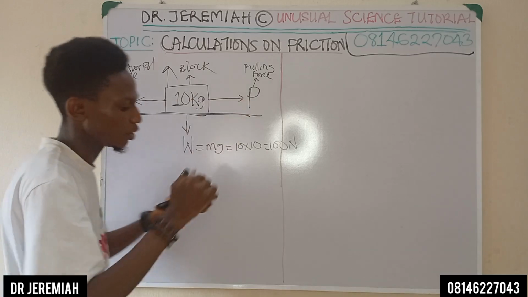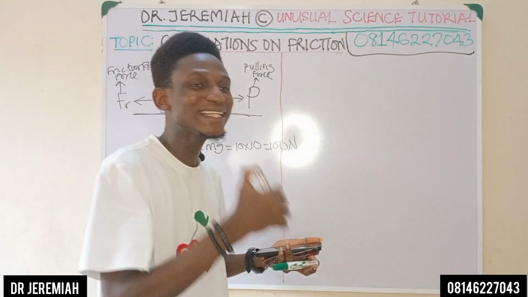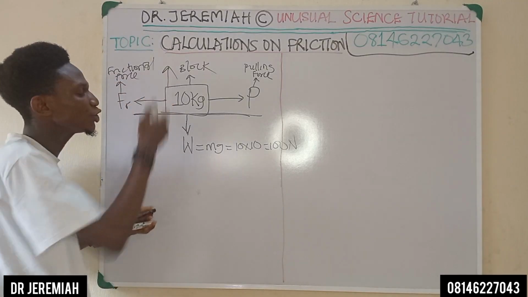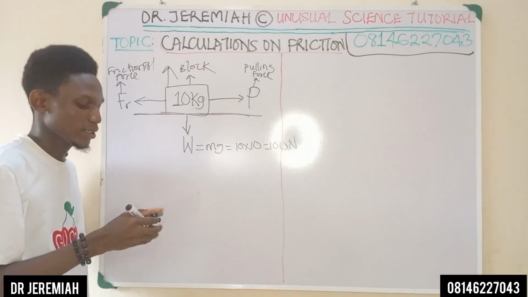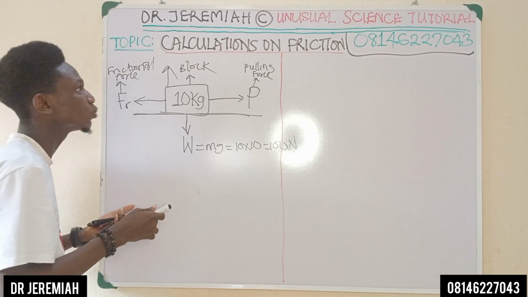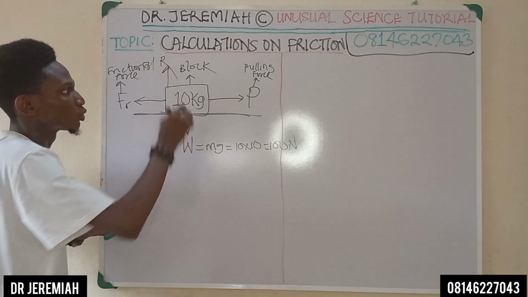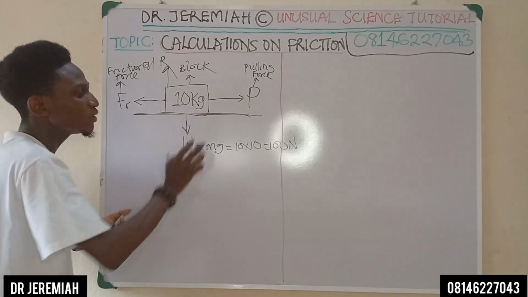Now, these are the forces in the horizontal and the forces in the vertical. The forces in the vertical are weight and tension. Tension, or we call it reaction force, opposes weight. So let's better call it reaction force here. So reaction is opposite weight.